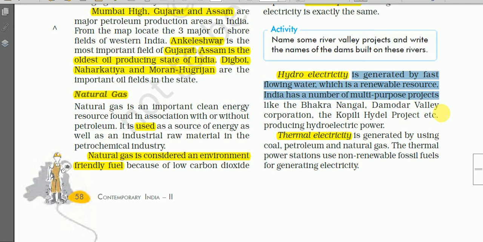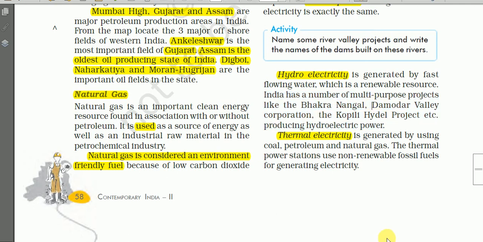We know that water is a renewable resource, and hydropower is generated by this fast flowing water at a dam or at a waterfall. Okay, so India has a number of multi-purpose projects like the Bhakra Nangal, Damodar Valley Corporation, the Kopili Hydel project, etc., producing hydroelectric power.